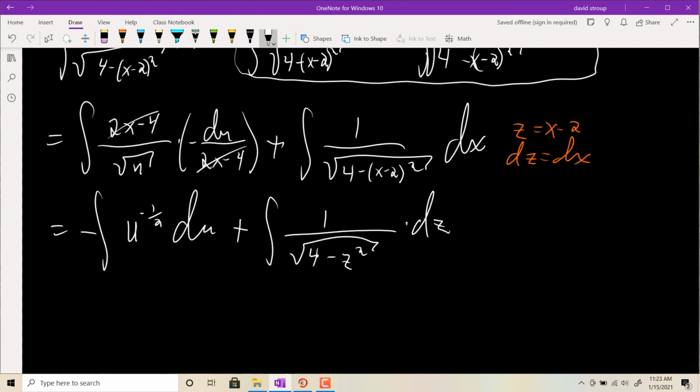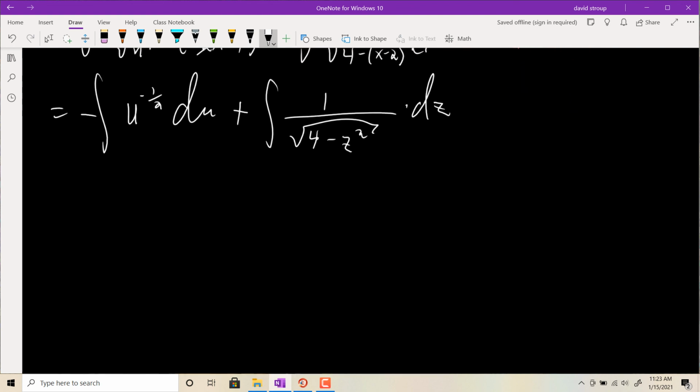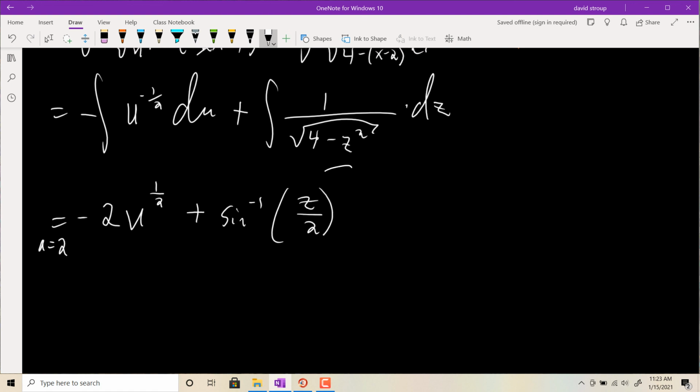So for the first integral, we have negative u to the negative 1/2, so negative 1/2 plus 1 is 1/2, times the reciprocal of 1/2, which is 2. Plus, our a value is 2 for this inverse sine, so we don't need to put the coefficient in front. So just sine inverse of z all over 2, and then we need to evaluate it eventually when we do our back subs.